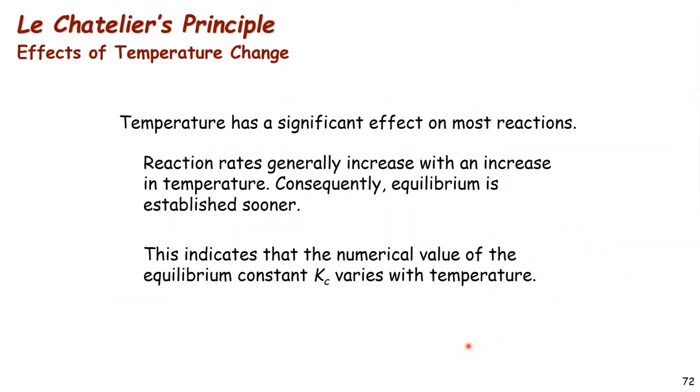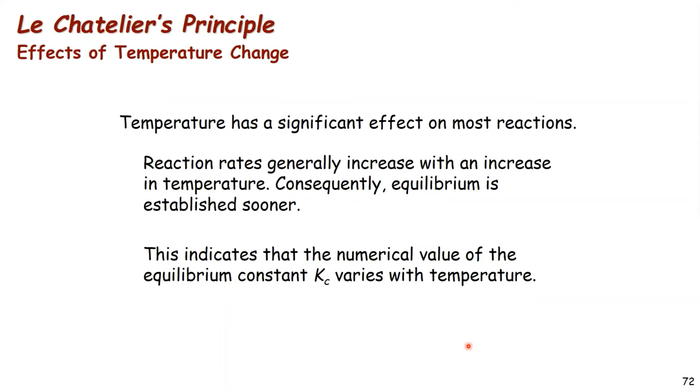Okay, then we have Le Chatelier's principle. So temperature has a significant effect on most reactions. And again, it's going to be based on whether or not they're exothermic or endothermic. So we know that with temperature, the rate constant always increases.